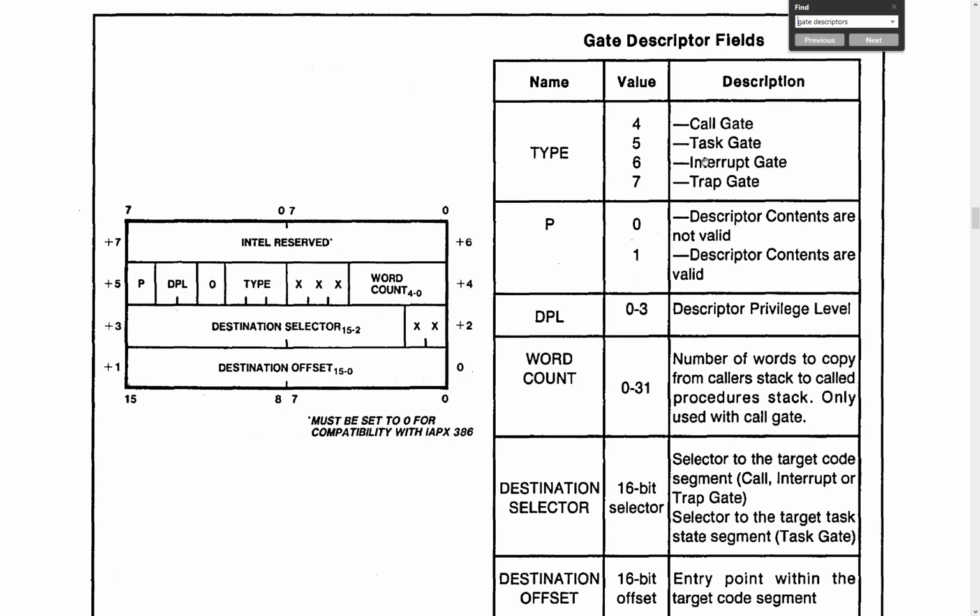Here we see that in addition to interrupt and trap gate that we already have defined, there is also call and task, numbers 4 and 5.